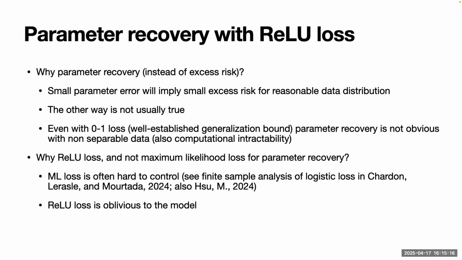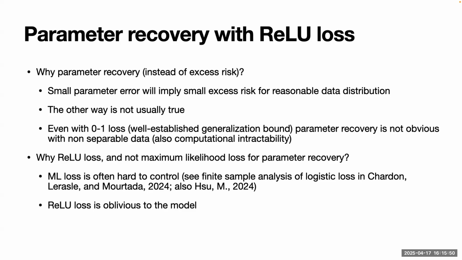Parameter recovery is actually a stronger guarantee, because in most cases where your data follows some decent distribution and your loss function is not really crazy, any parameter recovery guarantee is going to give you some sort of excess risk guarantee. The other way is not usually true, unless the loss is strongly convex or something, you cannot really go back in the other direction.